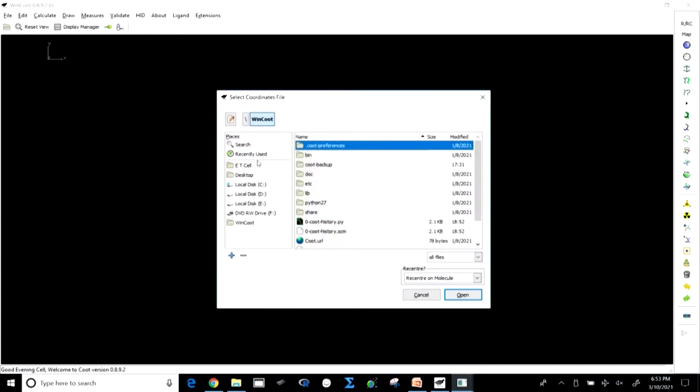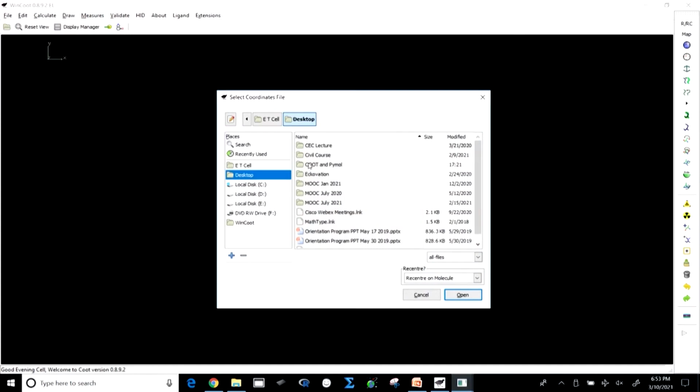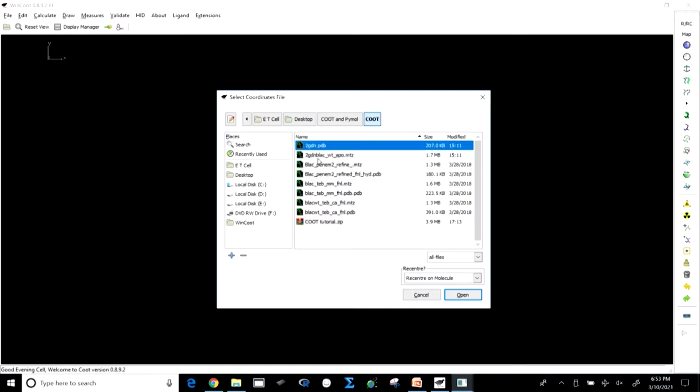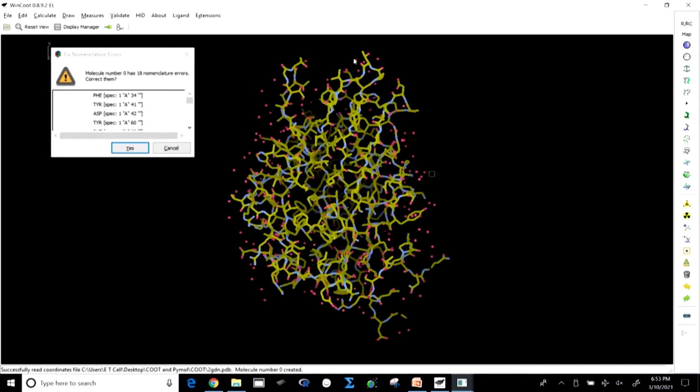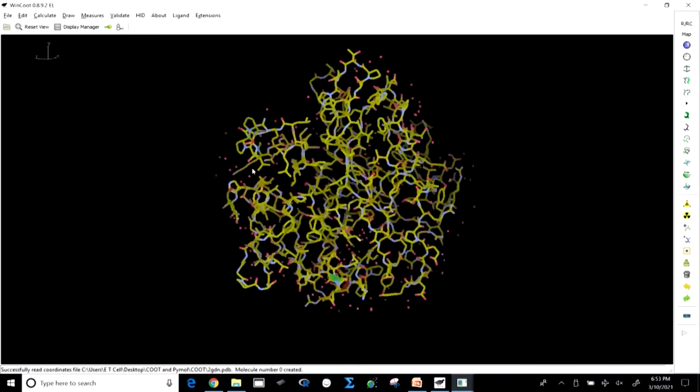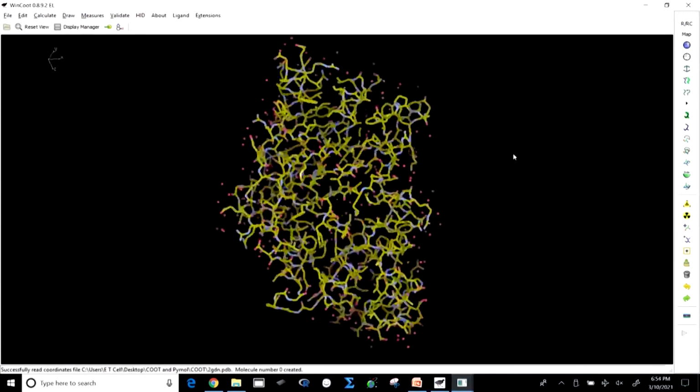So, we go to the file and we get the PDB. So, this is the representation. COOT is a very descriptive interface with a lot of libraries and all. Whatever the format, we always get some errors, so we agree to correct them, and this is the representation.